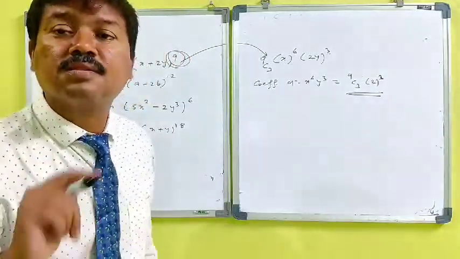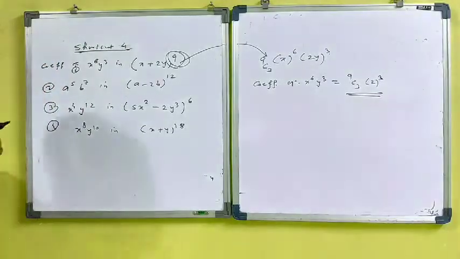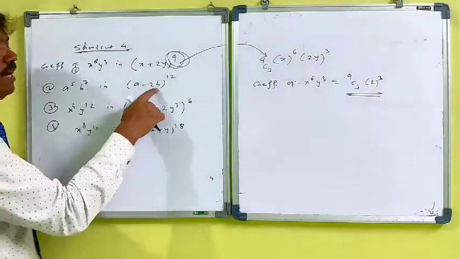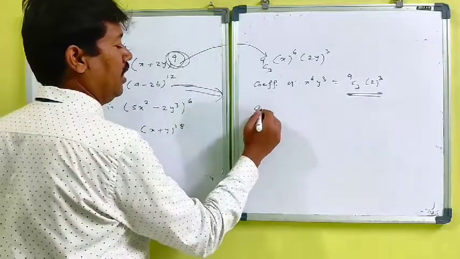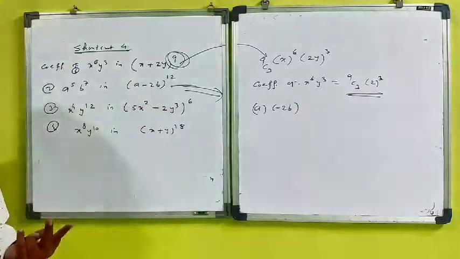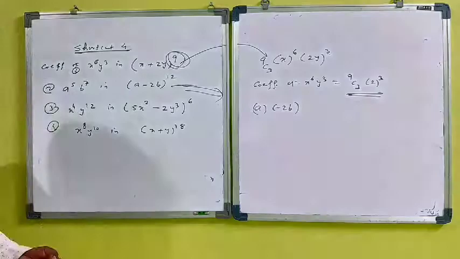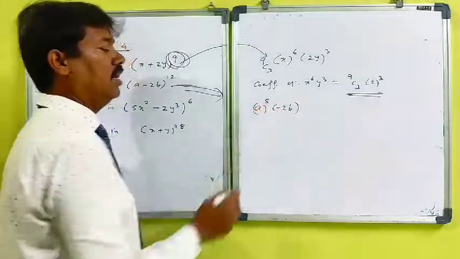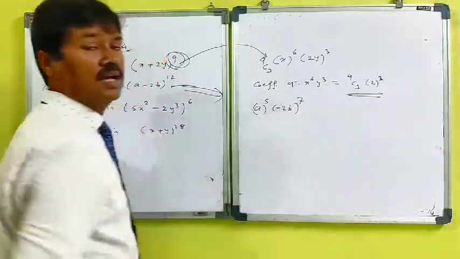Understood? Now move to the next question. What will you do next? Tell me quickly. Here there is a and -2b, so what do we do? We write a and -2b, these are the two binomial terms, and write both separately. What do we need? The power of a is 5, so give a the power 5. What power of b do we need? 7. So give b the power 7.